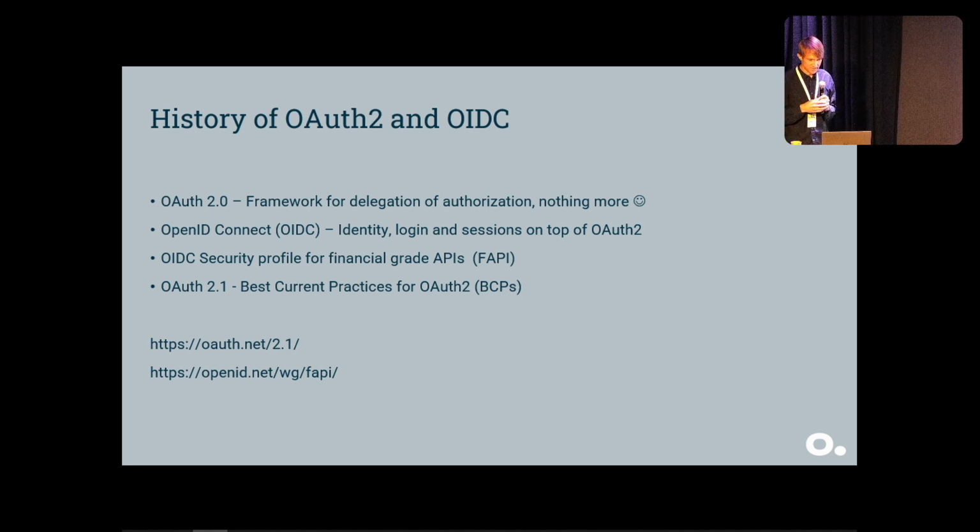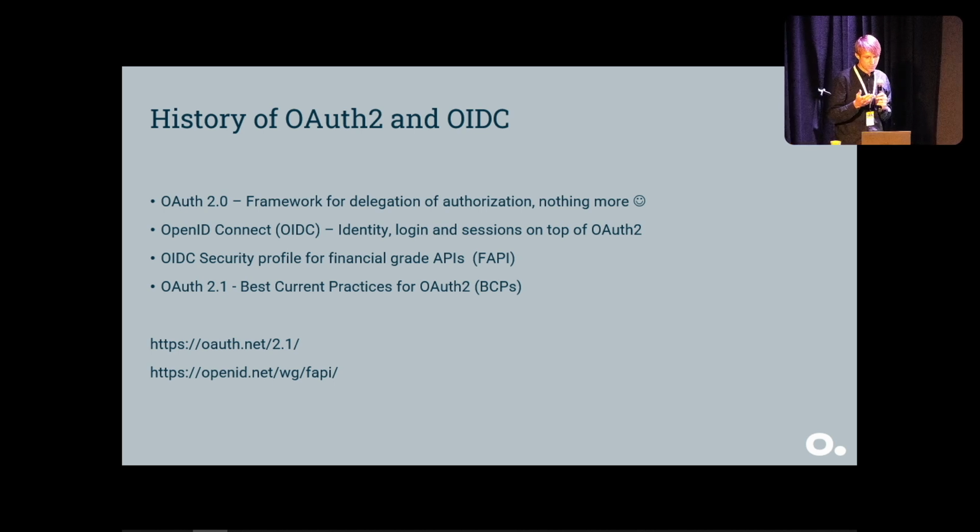Facebook and Microsoft and so on all made mistakes implementing this. To address these things in the beginning, OpenID Connect was introduced and provided identity, login and sessions on top of OAuth.